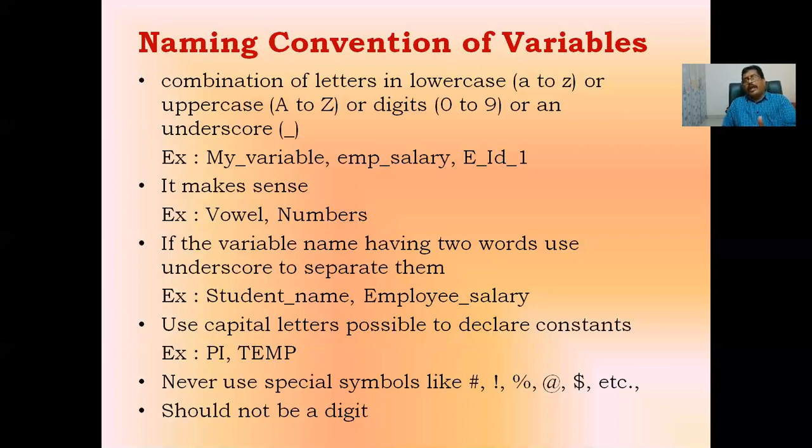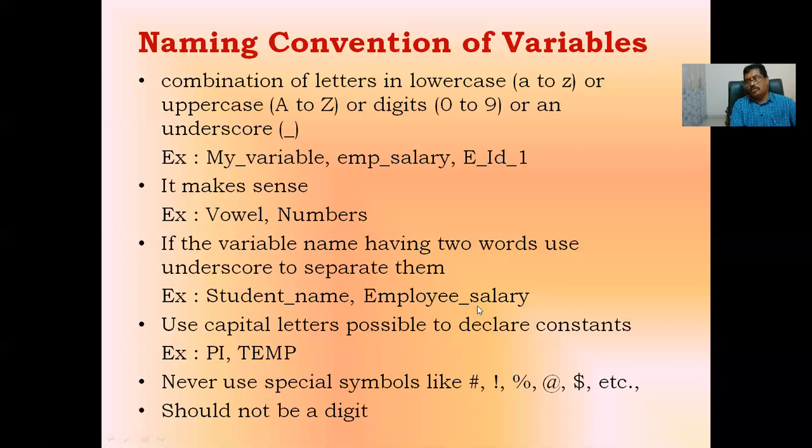Even if we have two words in a name, it cannot accept any space in between these two words. Because of that reason, to differentiate, we use the underscore symbol. See the example here: student name means totally two words. Here a blank space cannot be accepted. Because of that reason, we specify the underscore.